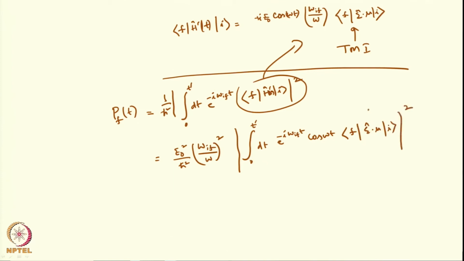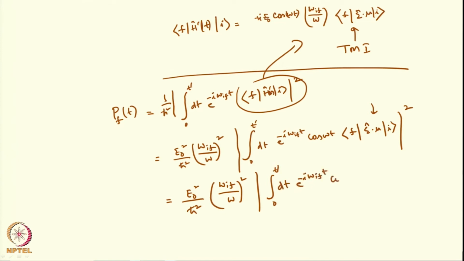Now this is an integral that does not involve time, and this is an integral, so I can separate it out as two integrals. So this is nothing but E naught square by h bar square, omega i f by omega square, integral 0 to t prime dt e to the power of minus i omega i f t cos omega t, squared, times f epsilon dot mu i whole square.